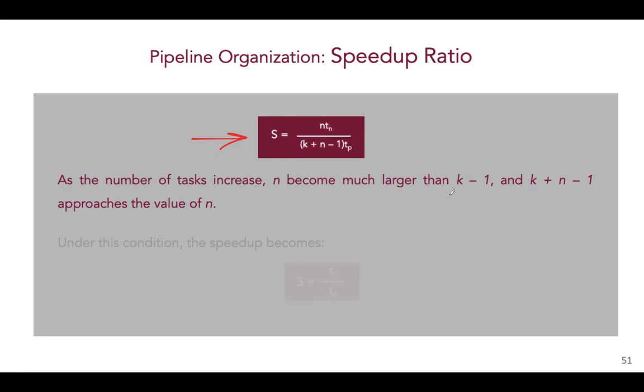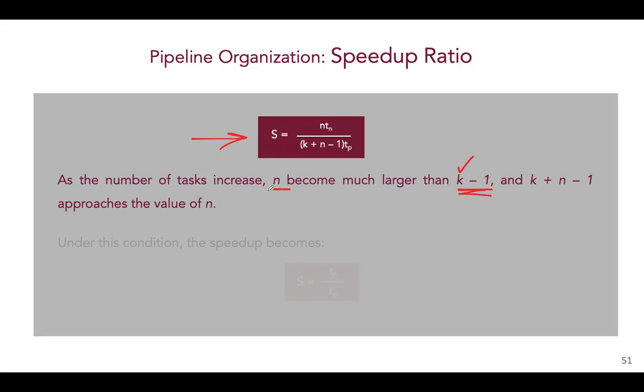If you have 10,000 tasks, suppose, your pipeline will never have even 1,000 segments. That would be too inefficient, right? So k minus 1 is always going to be very, very small compared to what n can be. n can be anything. n can approach very large values. k minus 1 will be small because k will be relatively small, right?